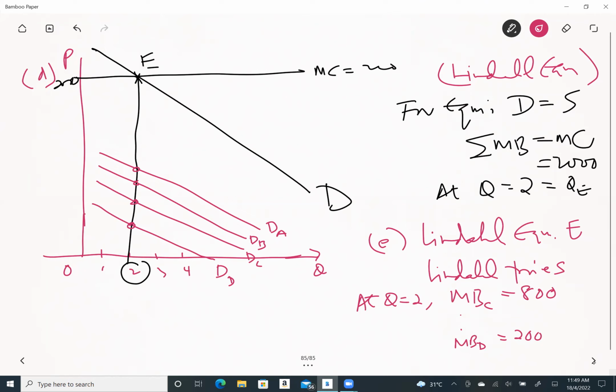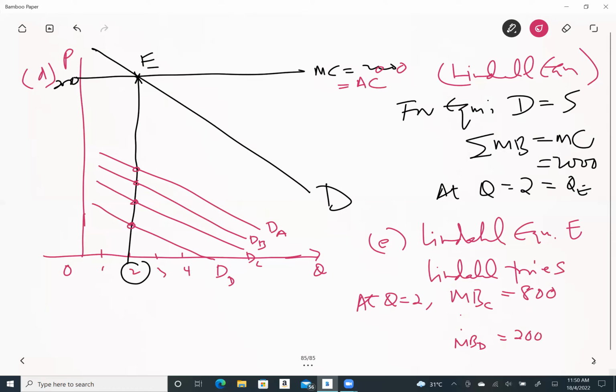Now, question F. What is the total cost of the public good at equilibrium? We are going to provide 2 units of the service. How much does it cost? Only 2,000. Now, when the marginal cost is constant, that is equal to the average cost. So how do you get the total cost?